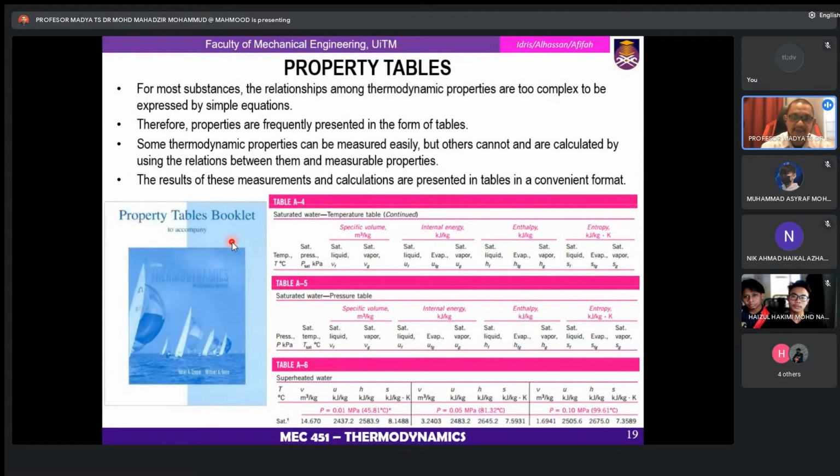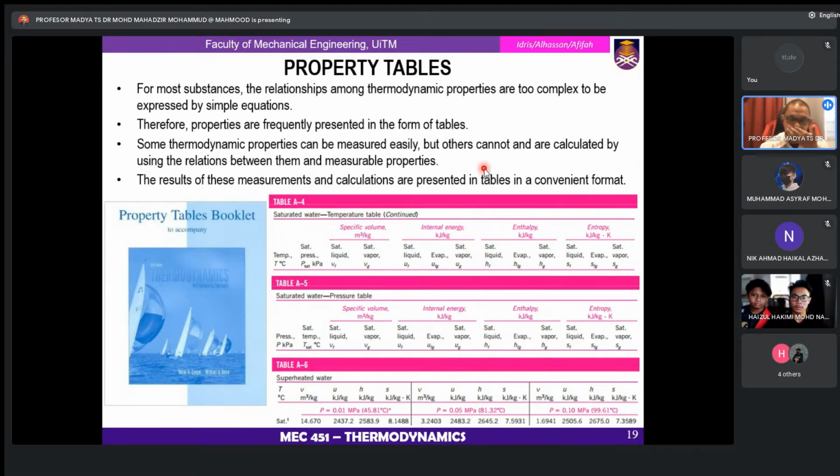Dalam tu ada saya letakkan this properties table booklet, so kamu boleh download from there. Also the lecture notes ada juga dekat situ. This is an example of the booklet. Ada banyak table, there are many tables in that booklet. Ni adalah table A4. So macam ni lah bentuk dia.